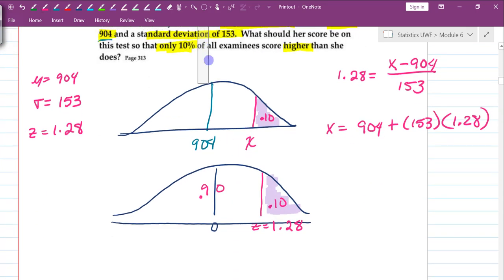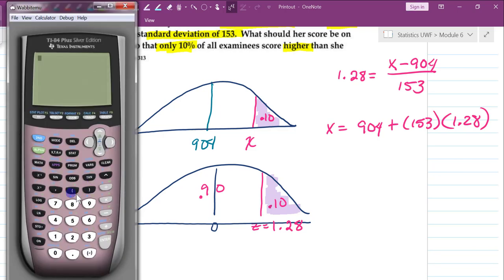So we'll grab our calculator and we will go 904 plus 153 times 1.28, because that's how many standard deviations away the x value is, and we find out that that is 1099.84.